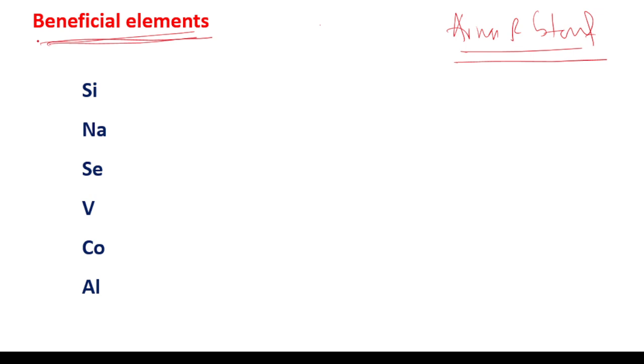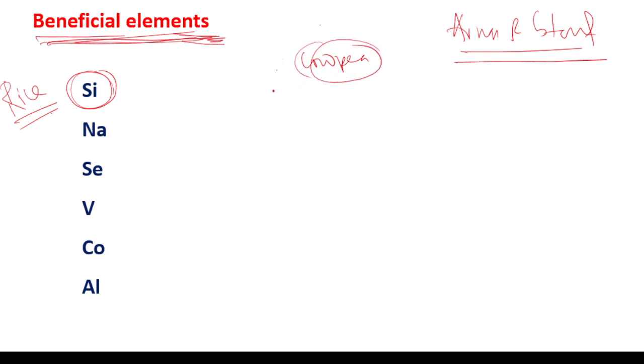We call this a beneficial element. It does not come under essential elements, but it is specific for some plants, like silicon. Assume silicon in a rice field. Without silicon the rice plant cannot grow, but silicon is not required for, like, cowpea. For growing cowpea, silicon is not required. For that reason we call silicon a beneficial element, not essential but beneficial.